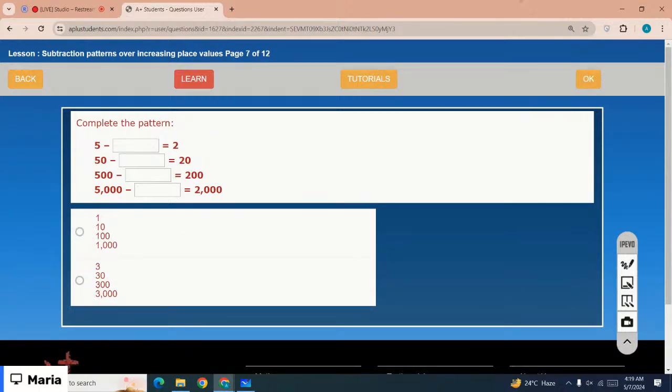Complete the pattern. 5 take away what number equals 3?